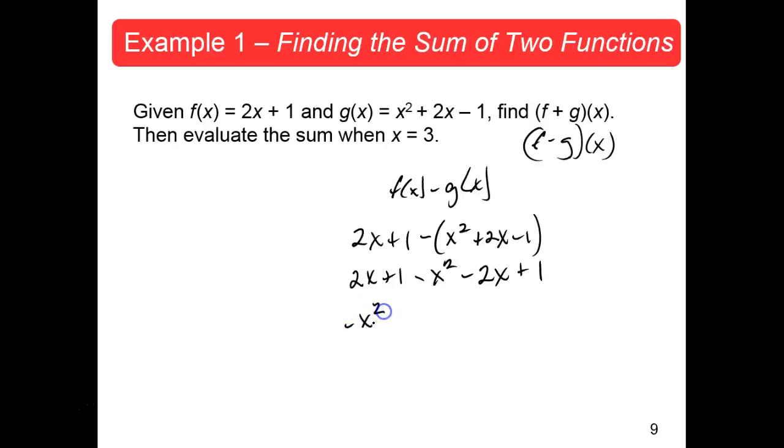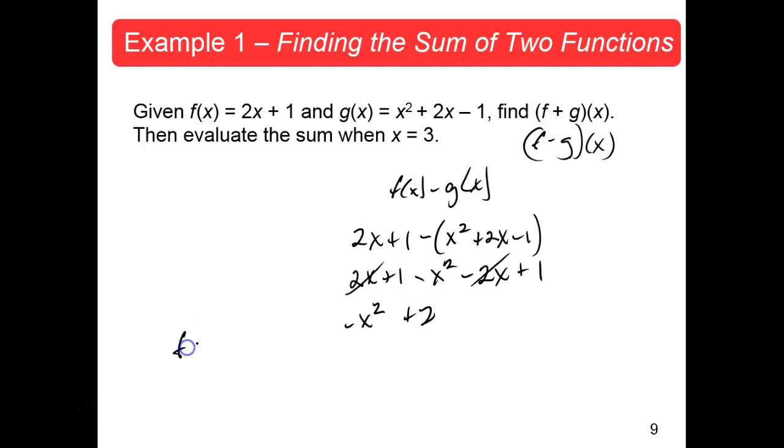Negative x squared plus 2. Now your 2x's add to 0. Plus 2x minus 2x, those add to 0. So that gives you x squared minus x squared plus 2. Now you could write that as 2 minus x squared if you don't like leading off with the minus sign. It doesn't really matter.